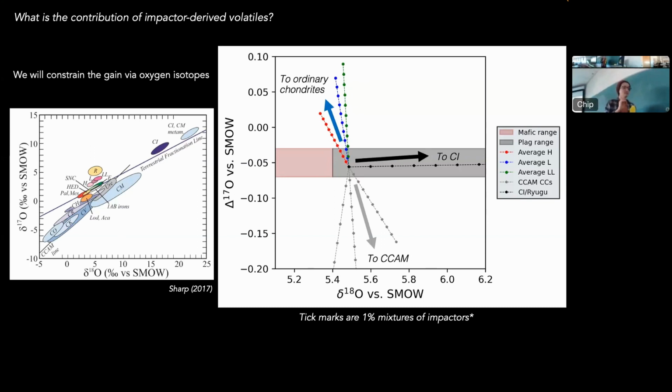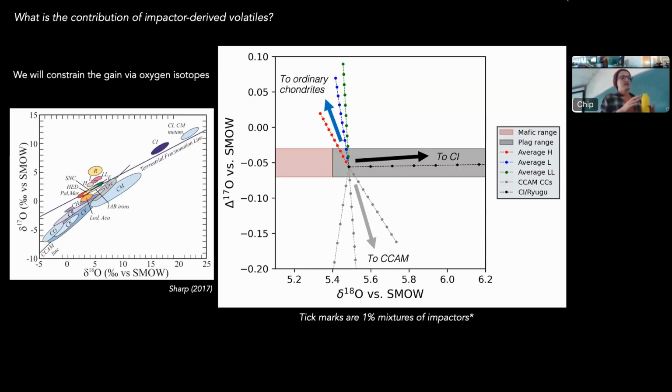What I've done here is model mixtures of impactor types with a lunar protolith. Each one of these lines represents a 1% mixture of that impactor composition, whether it be an ordinary chondrite going vertically here with high big delta O17 values, or a carbonaceous CCAM-like impactor with low big delta O17 values. And if you mix a CI-type material into it, there is a very high increase in O18 values here.